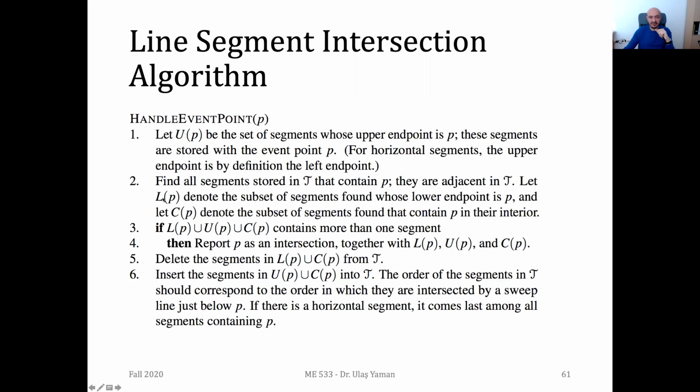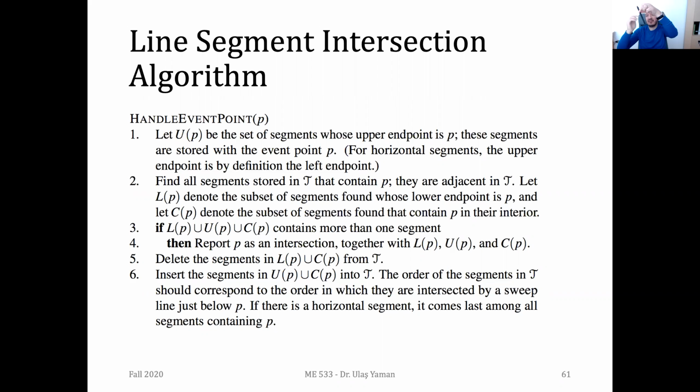And then we have another variable, L of P, which is the subset of segments whose lower endpoint is P. So initially, we store the segments whose upper endpoint is P, and then we store the segments whose lower endpoint is P. So we have now U of P and L of P, and then we have another subset of segments, C of P. This time, we store the segments which might have P in their interior, not as the upper or the lower endpoint.